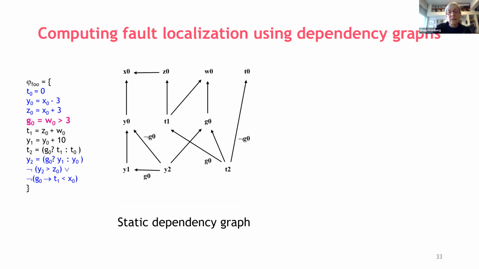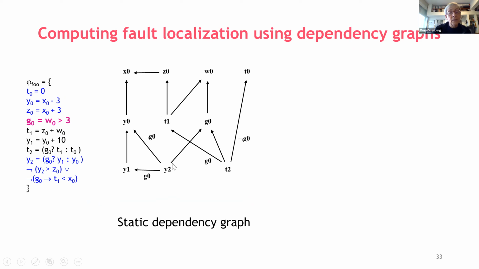So the next thing that we do is to have the indexed program and to construct a dependency graph. And this graph is static. It represents all possible dependencies between indexed variables. So for instance, we can see here that T1 depends on Z0 and W0 because T1 got assigned by Z0 plus W0.